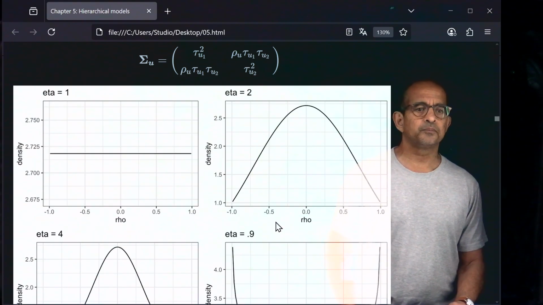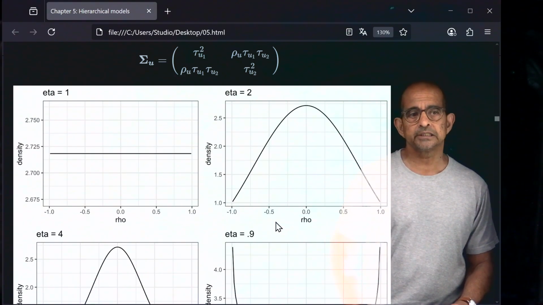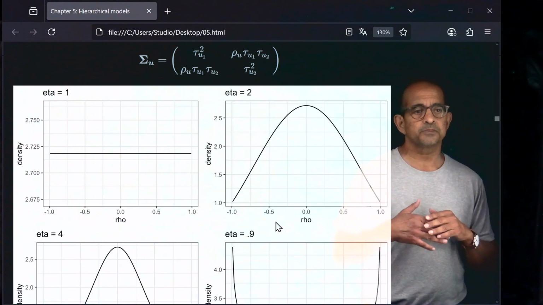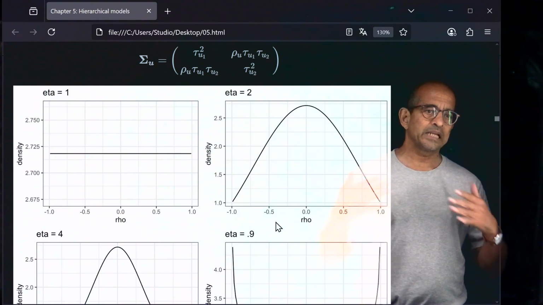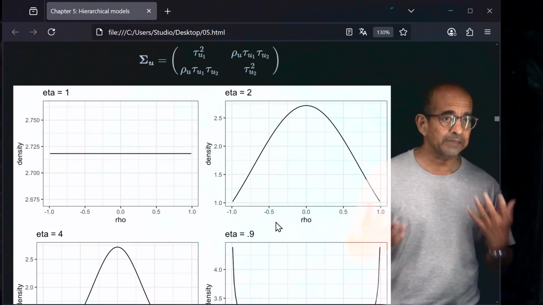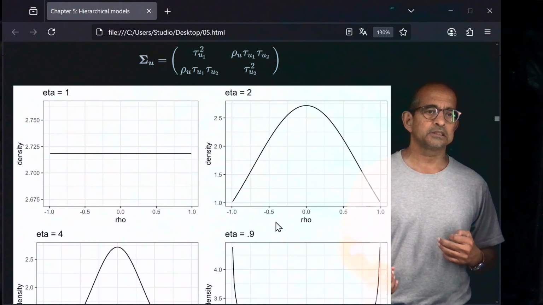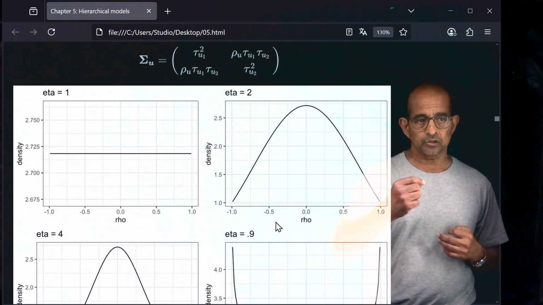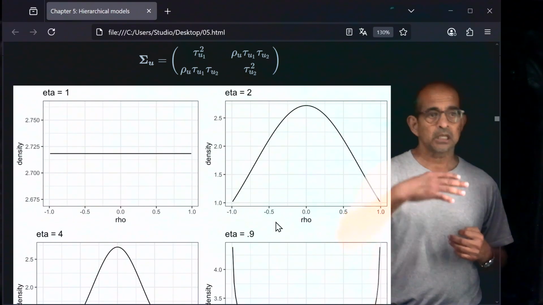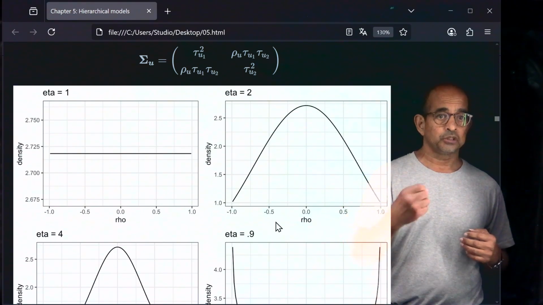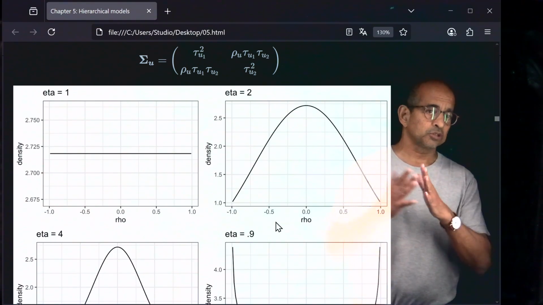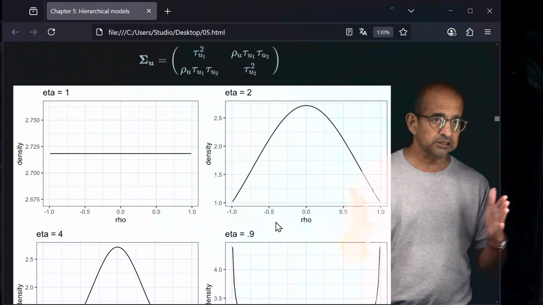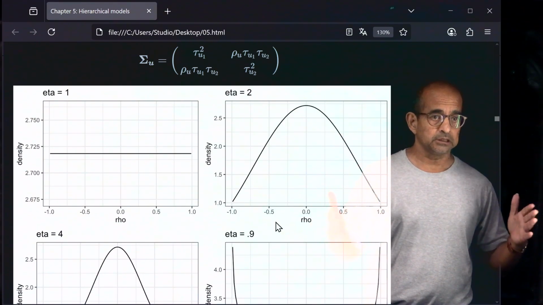This kind of prior is very useful for the correlation matrix, because whenever you have sparse data and you're not able to estimate the correlation parameter, the posterior for the correlation parameter or parameters will back off to this prior distribution. So it will be centered near 0 with a lot of uncertainty around it, right?